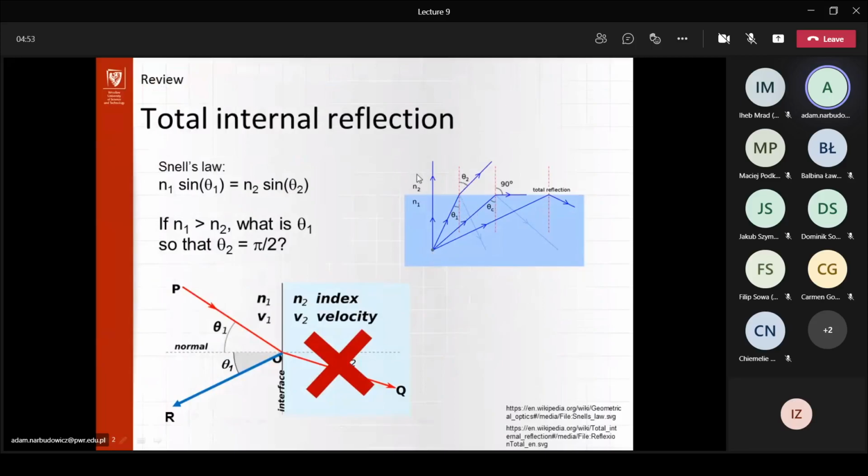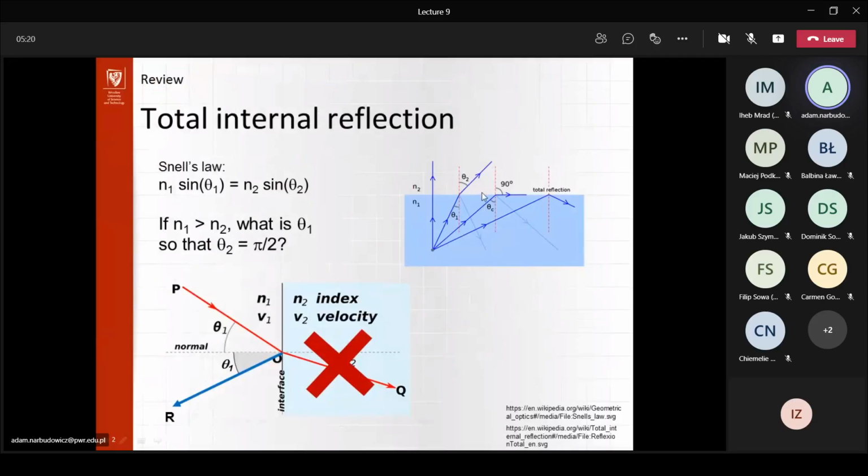So basically, if we have a discontinuity between two optically transparent mediums, so by discontinuity we simply mean two materials with different refraction index, and at a certain angle, because of Snell's law, normally there will be refraction, of course, of the wave entering into the second medium.